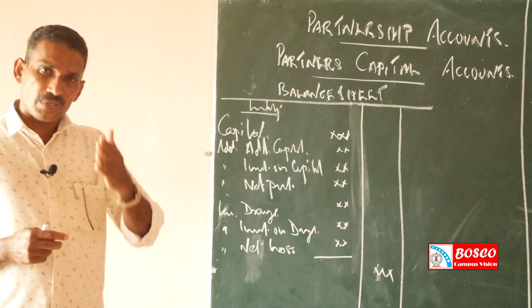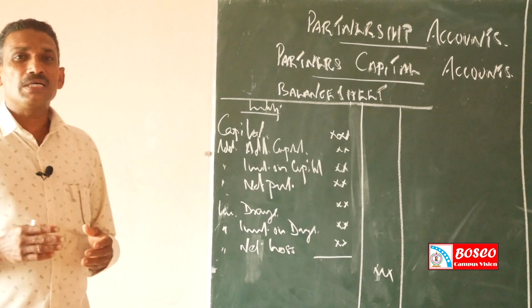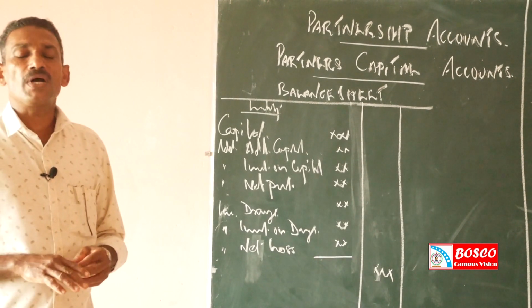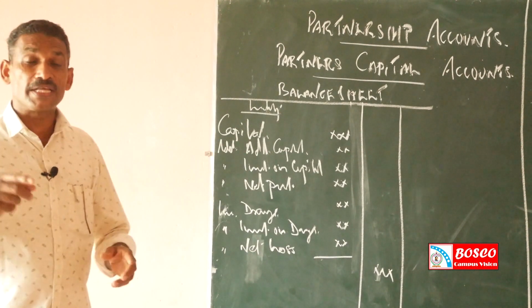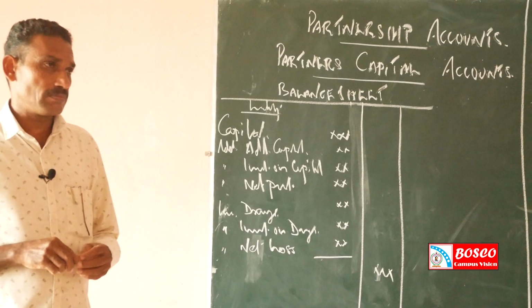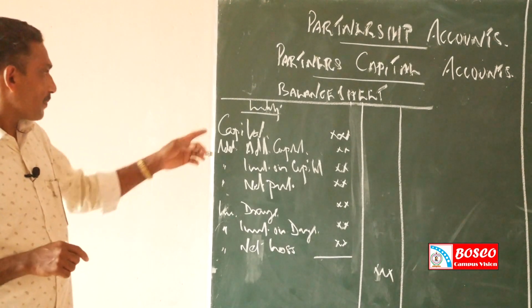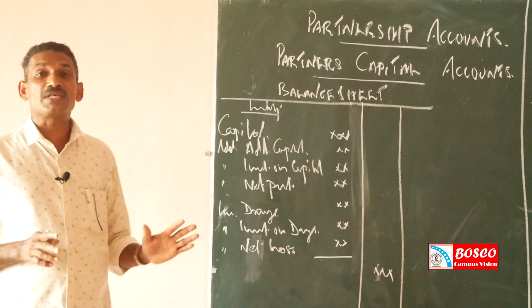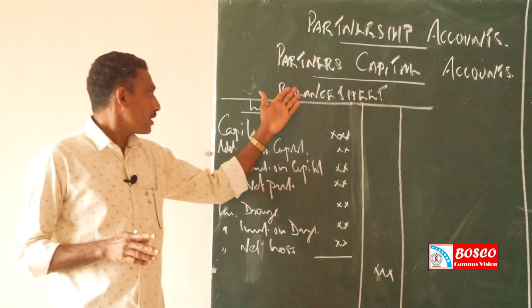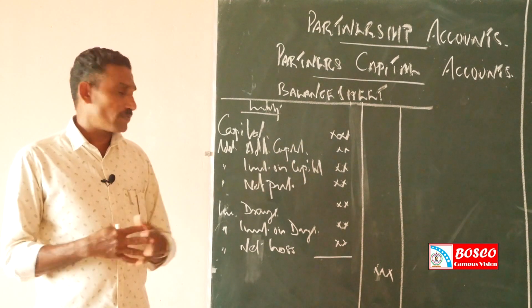We are familiar with the treatment of items with the capital of a sole trader. While we are preparing the balance sheet, all these adjustments related to capital are made on the liability side of the balance sheet itself.